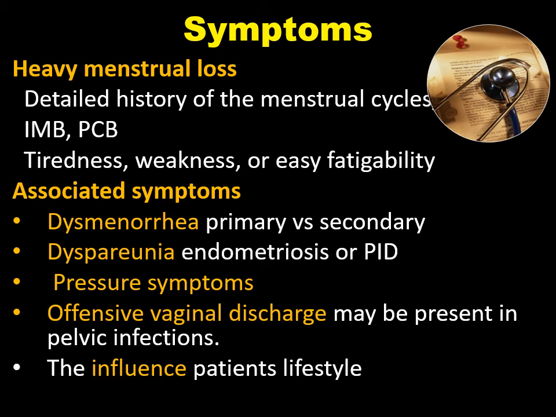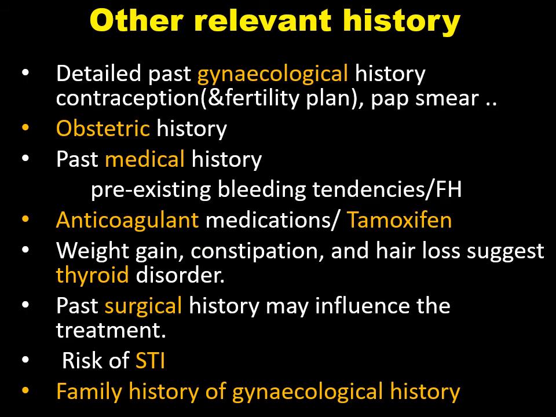Of course, you need to know the influence on a patient's quality of life, past gynecological history, and what method of contraception this woman is using. This bleeding could be either because of this method or due to failure of the method, and she's pregnant. This is a complication of pregnancy.